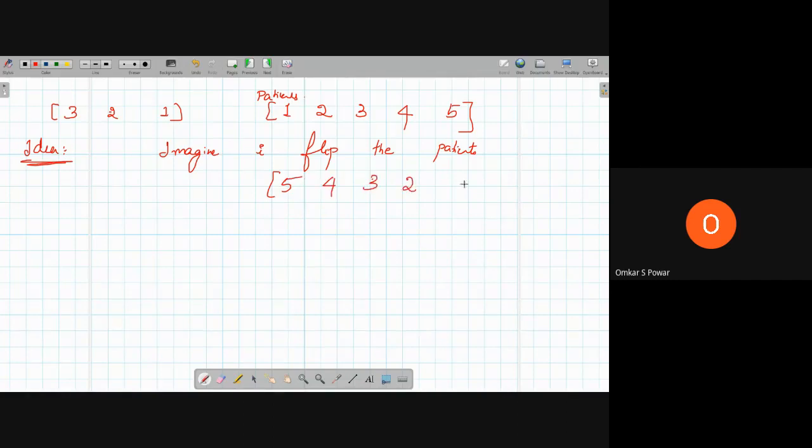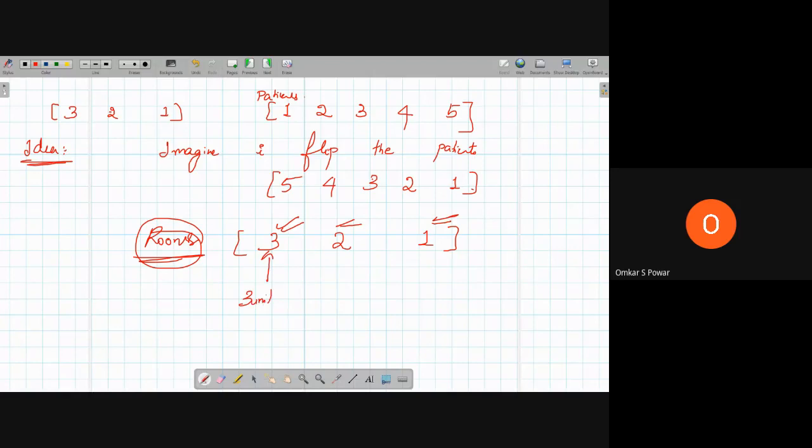Now let us imagine we have 3 separate rooms. Not your OYO room, this is your hospital room. So 3, 2, 1. This is room number 3, room number 2, and room number 1. In room number 3, you will get 3 units of vaccine.